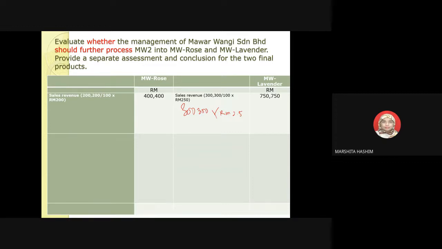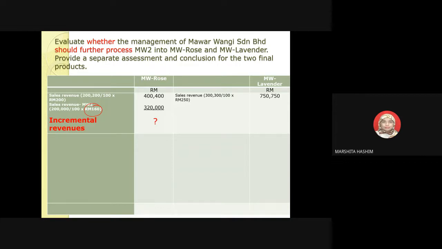Okay, if you decide to further process MW Rose and Lavender, you cannot sell your MW2 at split-off point. So how much sales revenue for MW2 do you need to let go? Okay, MW2 just now you sell at RM160 per 100 ml. That means you further process.